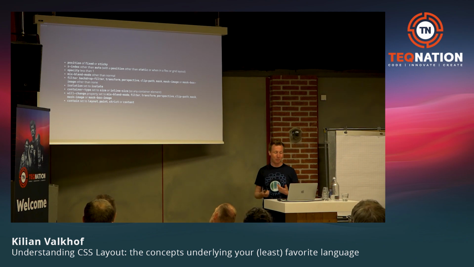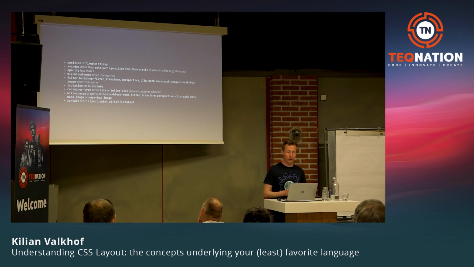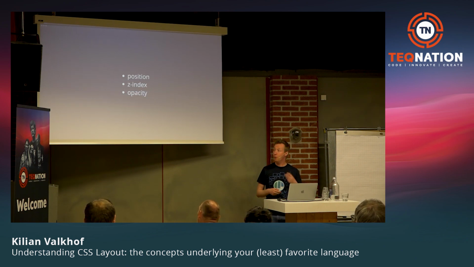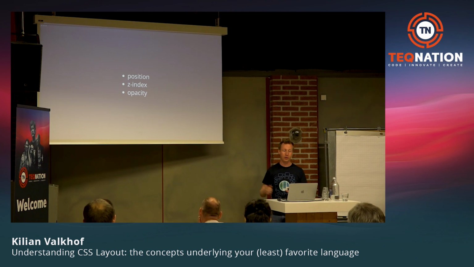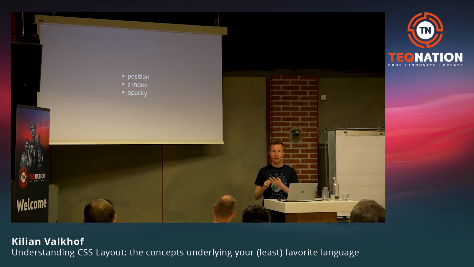It's quite a list, but luckily, most of these properties aren't used very often. You're probably not using mask image or contain very often in your CSS. So the things to look out for if you're dealing with stacking issues are these 3: position, z-index, and opacity, where opacity is most often the culprit, because once you add opacity to something, it also becomes a stacking context.